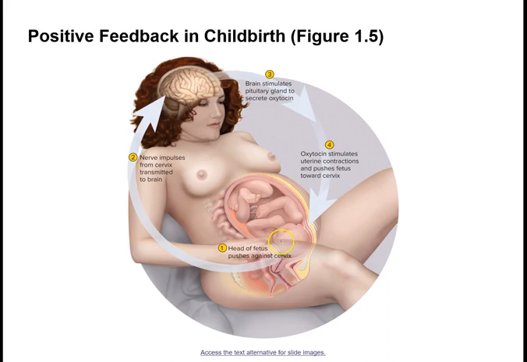So as the baby begins to push downward, that signal is going to be felt by receptors, sending signals to the brain. The brain integrates the signal. The brain then sends out for our effector to release the hormone, and then the hormone is going to cause even stronger contractions to increase childbirth.